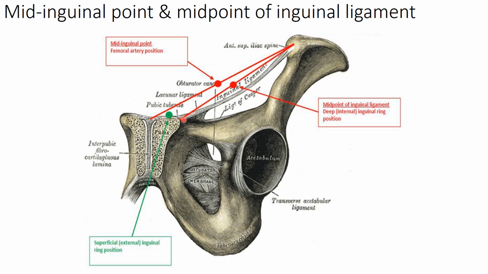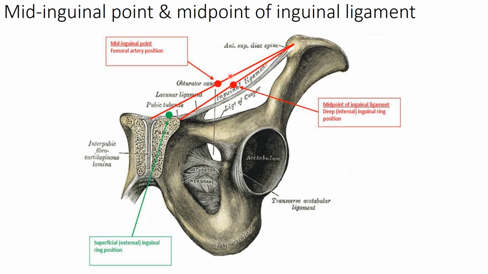Lying just lateral to the pubic symphysis is the pubic tubercle, and from the pubic tubercle to the anterior superior spine there is the ligament known as the inguinal ligament. The midpoint of this inguinal ligament, just above this, is the position of the deep inguinal ring.